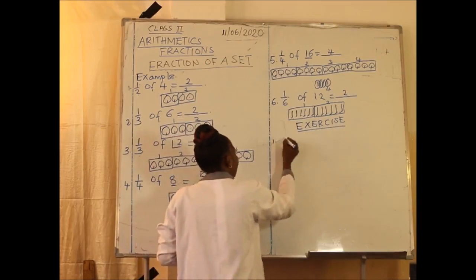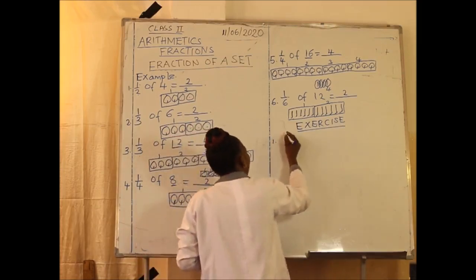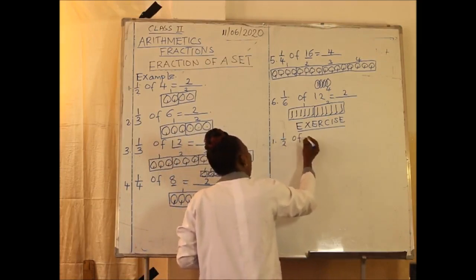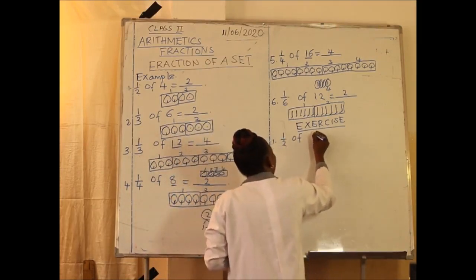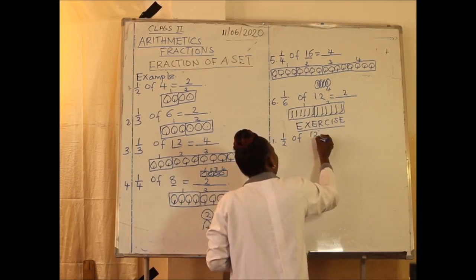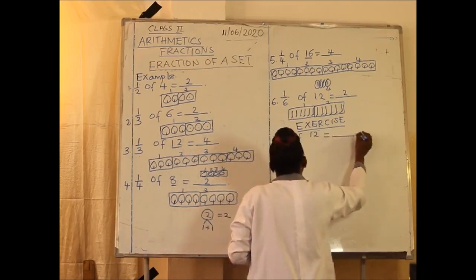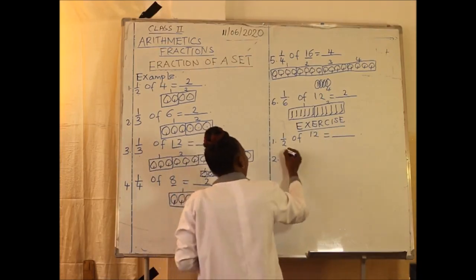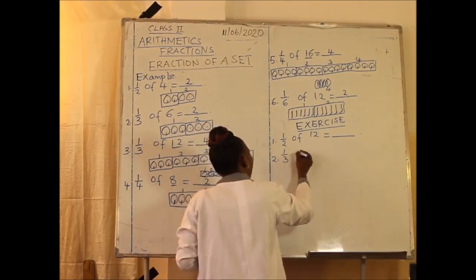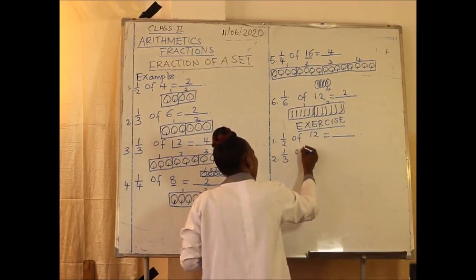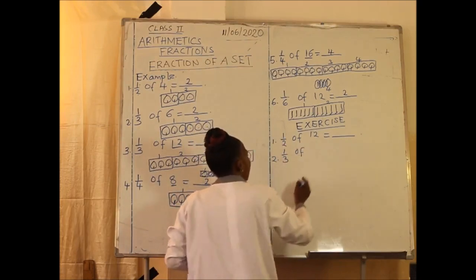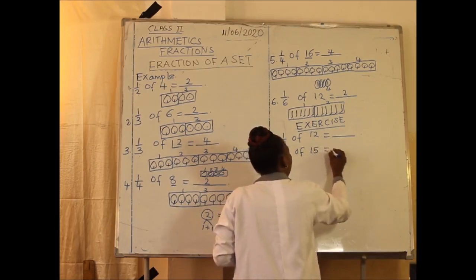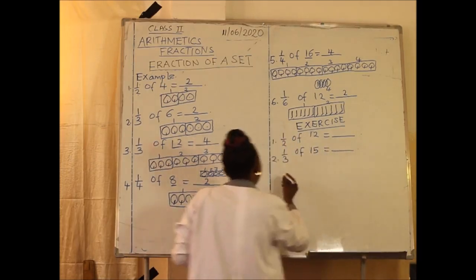Question number 1. 1 over 2 of 12 equals to dash. Question number 2. 1 over 3, or a third of 15 equals to dash.